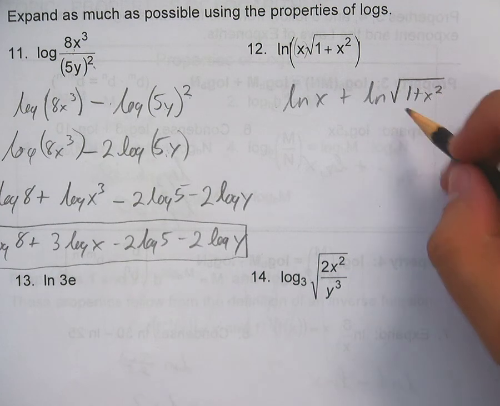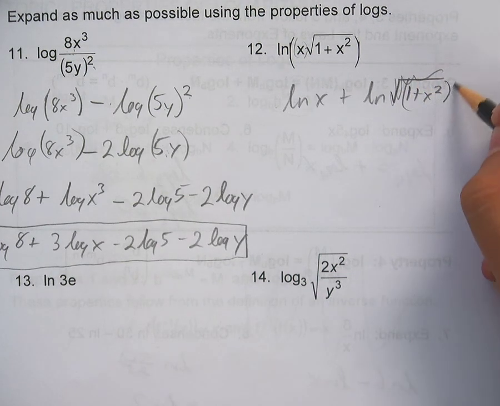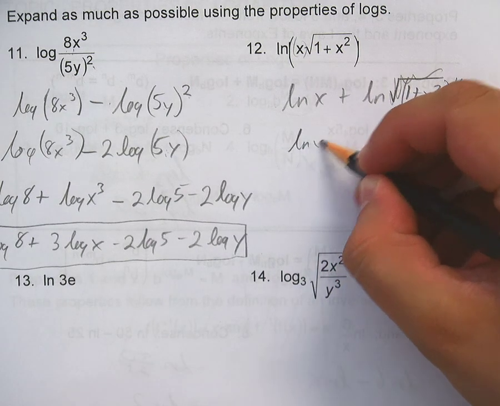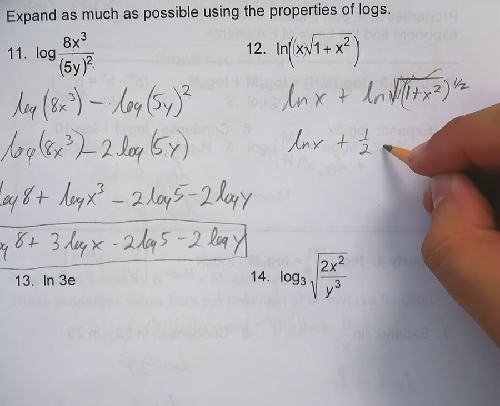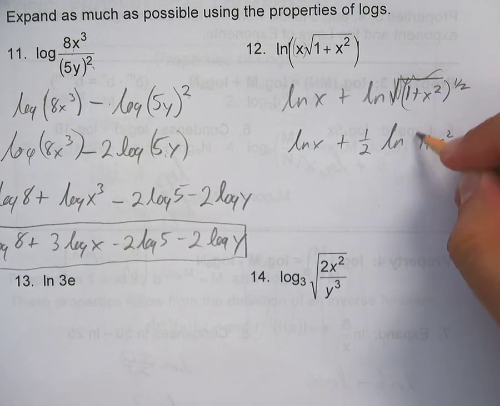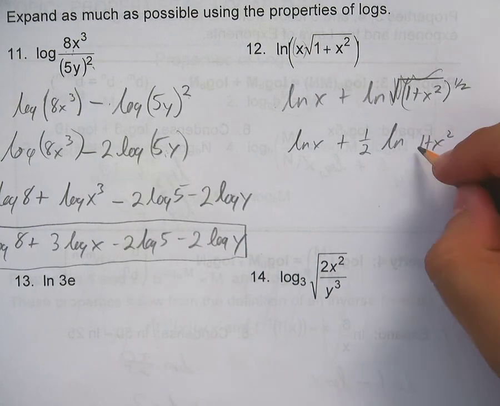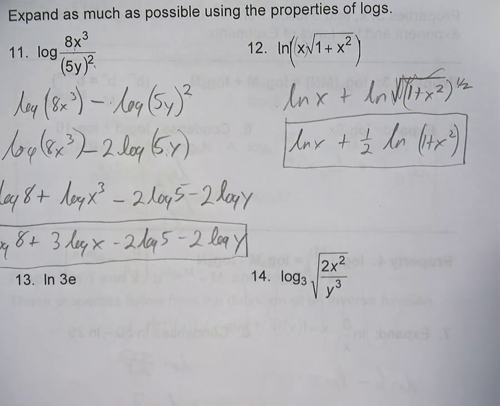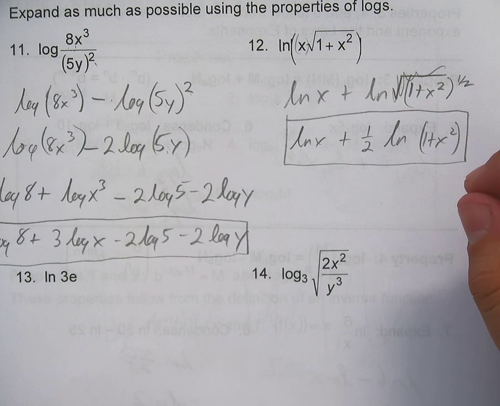It's a power of 1/2. So it's the natural log of x plus 1/2 the natural log of 1 plus x squared. And that's all she wrote for that one.